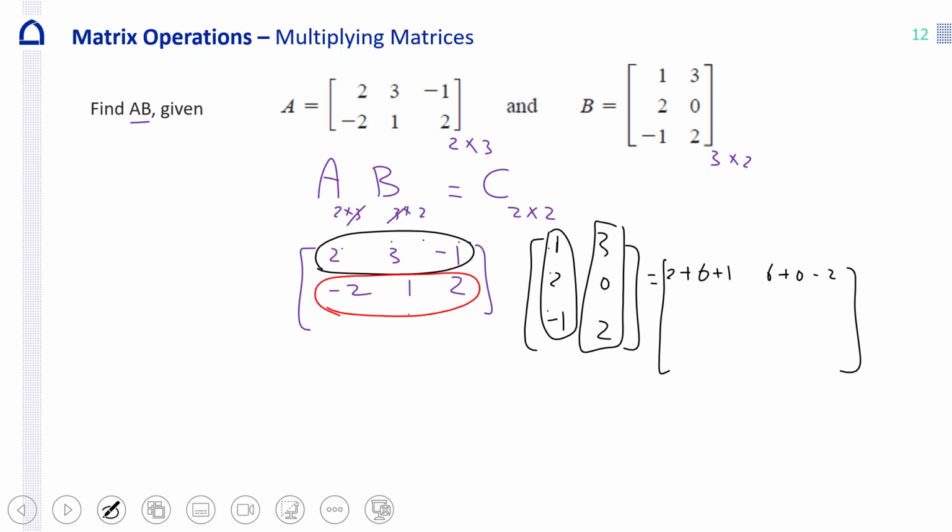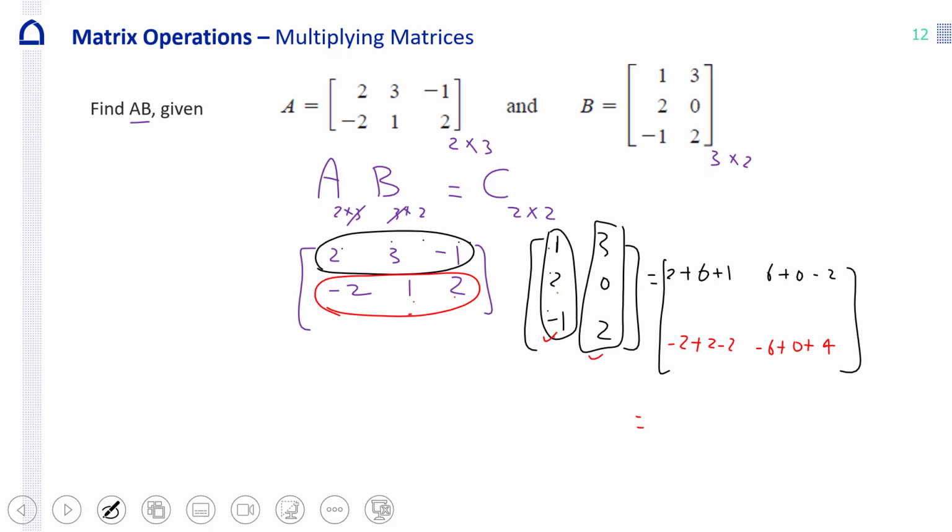Okay, so get minus 2 by 1, you have minus 2, 1 by 2, you have 2, 2 by minus 1 is minus 2. Now I finish with this one. I go for the second one. Do the same, the first one with the first one. So I have minus 6. 1 by 0, 0. 2 by 2, 4.